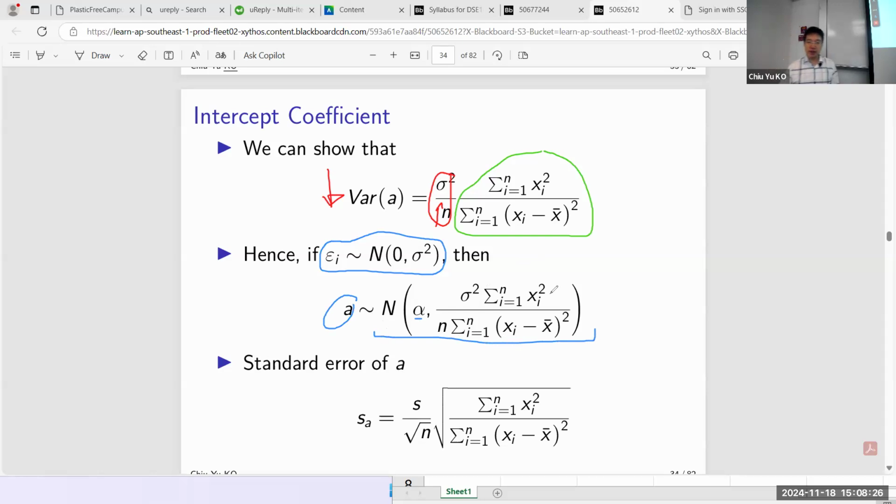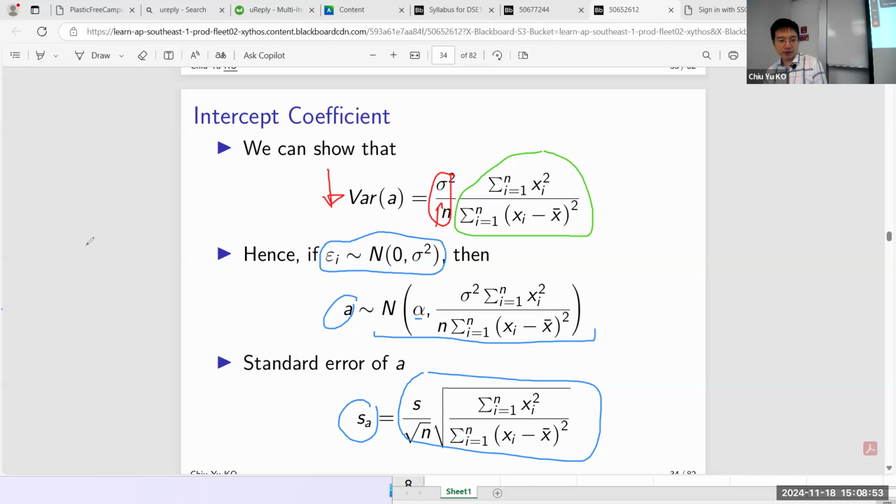That means the standard error of A is like the square root of this guy. Why do I need that? Because immediately we can do the t-test. With normal, with sigma unknown, we replace it by its estimate, the t-test, and we can do hypothesis testing. The same formula there. Nothing new, right?